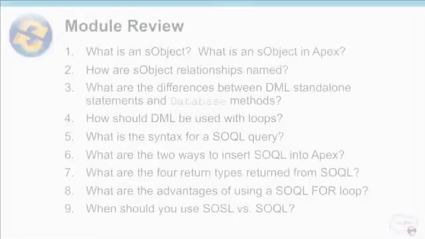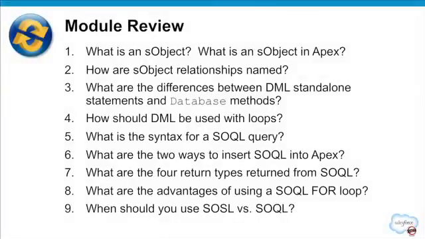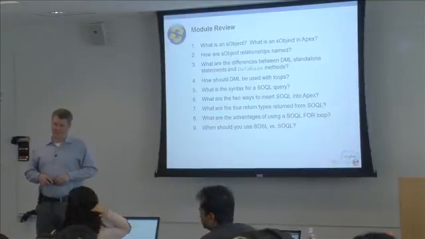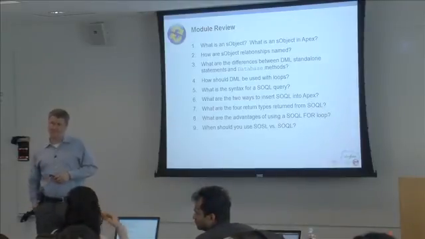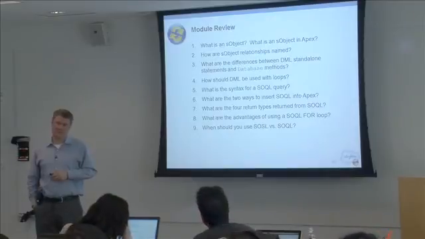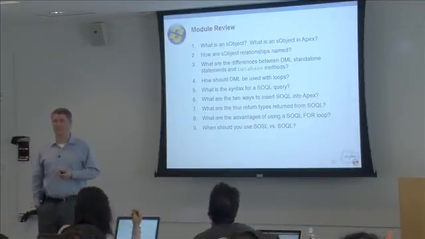Okay? What are the advantages of using the SOQL for loop? This is kind of a tough one. What is the key advantage of using that SOQL for loop? The more efficient usage. Exactly.